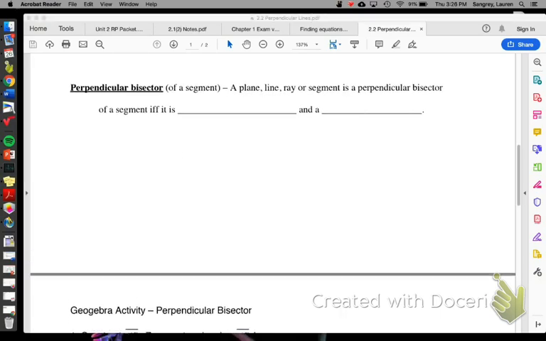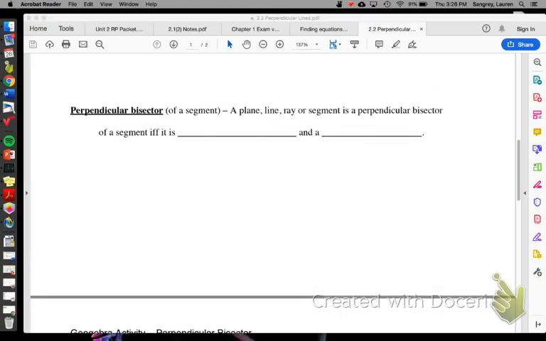All right, and then the last term today is a really important one, perpendicular bisector. This can be a plain line, ray, or segment. And it's a perpendicular bisector if it is perpendicular and a bisector. Shocker. So let's think about this. Let's get a picture going.